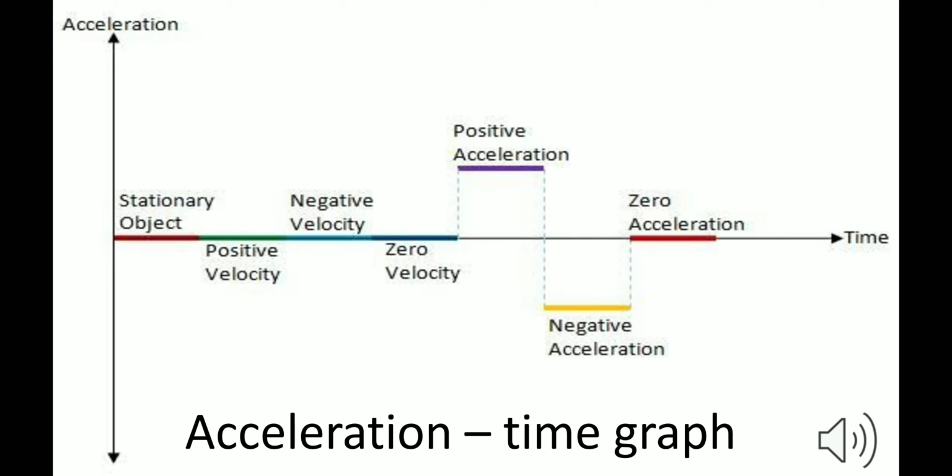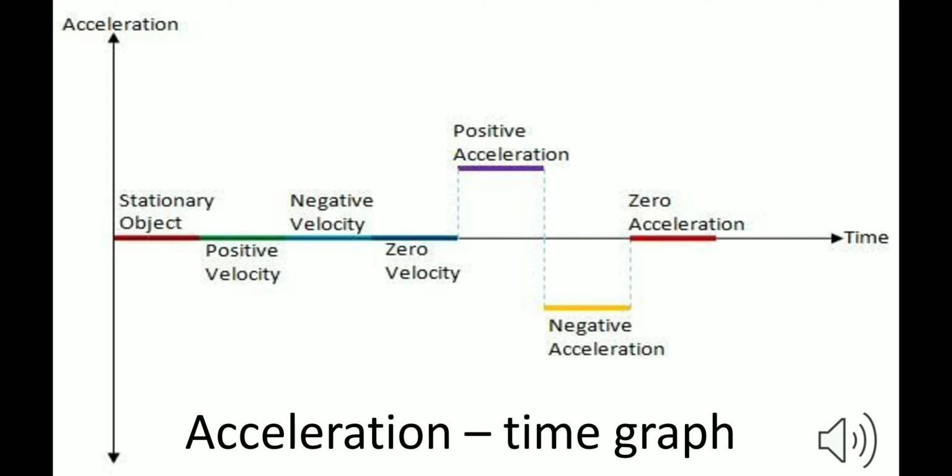After that, if the body has some positive acceleration, it will be a straight line parallel to the x-axis. If the body is moving with negative acceleration, it will again be a straight line parallel to the x-axis, but below it, because it is retardation, that means negative acceleration.